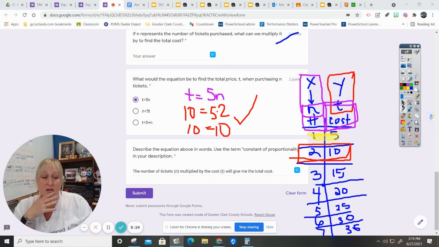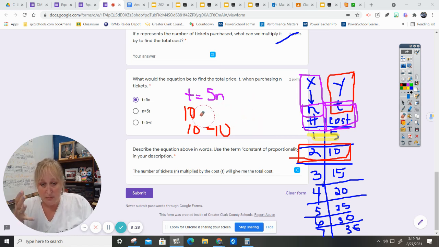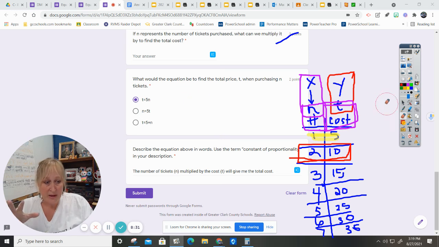Okay. Now, tomorrow's problem, next week's problem, whatever, may not have those. So I can test this one to see if it works. N equals 5T. So let's pick a number, but let's pick those same two numbers.